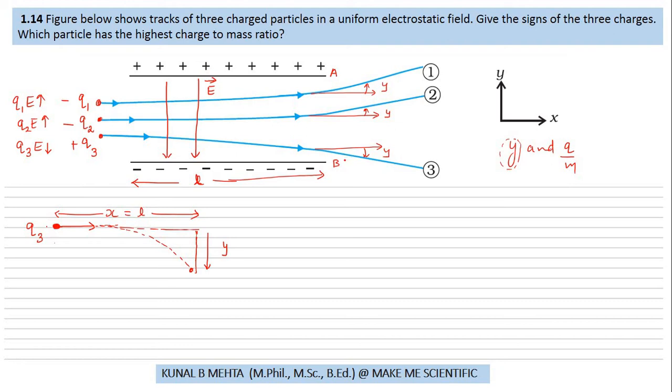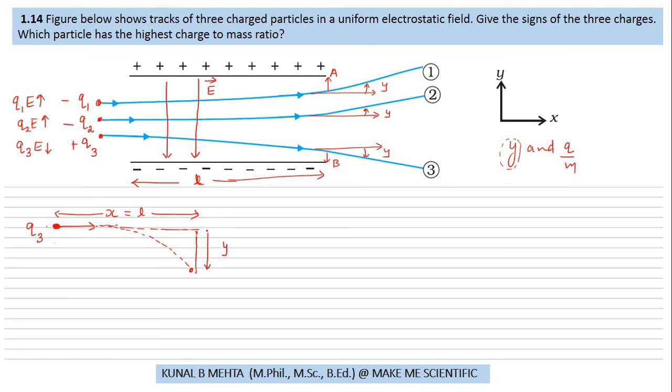And from the diagram, it is visible that the deflection of the third charge is maximum, because the third charge is very near to plate B, whereas the charge 1 is comparatively far away from plate A. Right? So y deflection is maximum for charge number 3 as it is more closer to the negative plate. That means it is being deflected by maximum amount. That is very well visible.